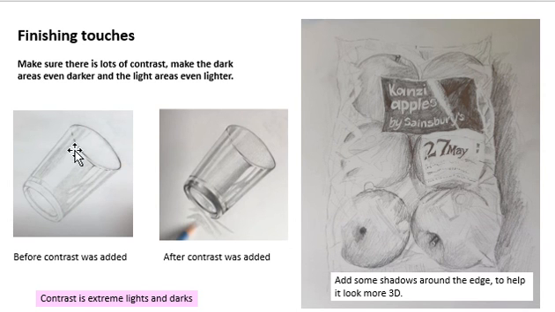Whereas if you make the light areas look very light and the dark areas look very dark, it makes it look so much more 3D, which is what this person has done here. So just go back and make sure that there's lots of contrast in there. You'd be making those dark areas even darker and rubbing back into the light areas. Sometimes when you are doing a drawing, your hand will smudge it and it gives it an overall grey tone. So you just want to rub those highlights back in again at the end.